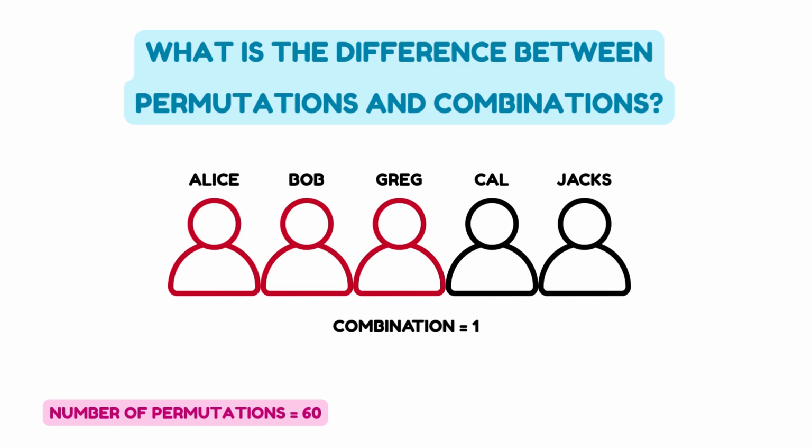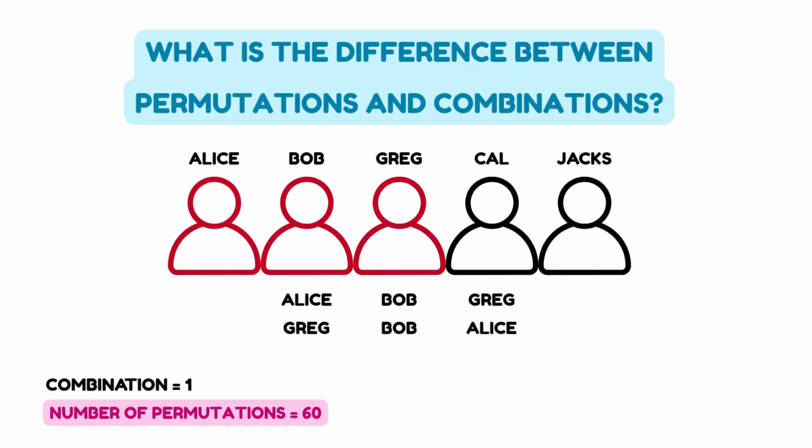But in this one combination, we can have a lot of permutations, because we can place Alice first, then Bob, then Greg, or we can have Greg, Bob, and Alice. Note that here I've placed Bob in the middle. For each of these people, Alice and Greg, we can have them in the middle like so. So for Alice, Bob, and Greg, we've got 2 possibilities for each. So in total, the permutations for one combination is 6, which is the same as 3 factorial.